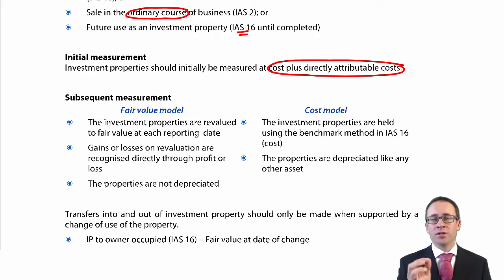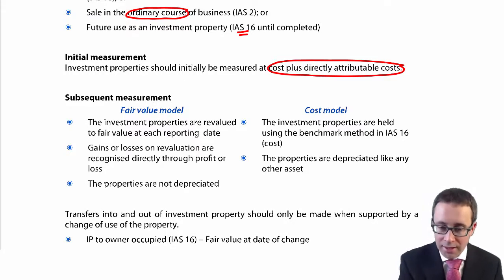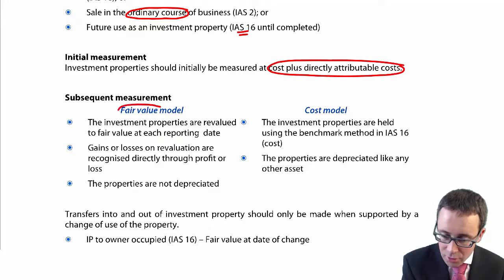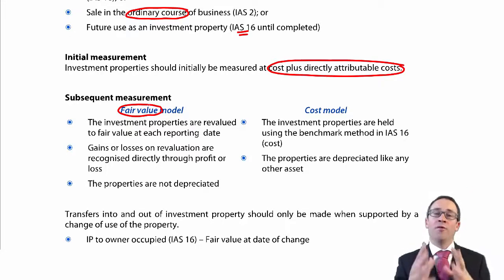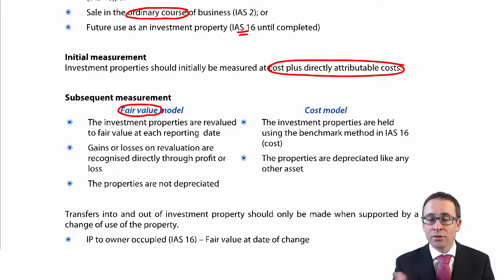Subsequent measurement is where you just need to be a little bit careful, because you have two methods that you can use. The one that is used by most people, and it makes sense to me, is you use the fair value model. Okay, it's a ridiculously straightforward method of accounting. All you do, it's very literal.